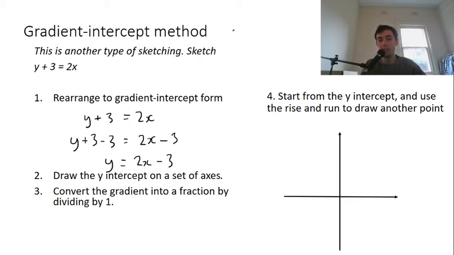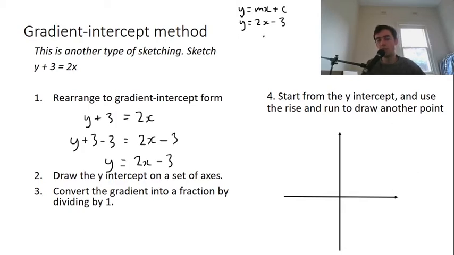Let's test it out. We'll write it over here, y equals 2x minus 3, and we'll write gradient intercept form above it. y equals mx plus c. And you can see that the equal signs are in the right place now, the x's are in the right place, and that's good. That means that m is 2.